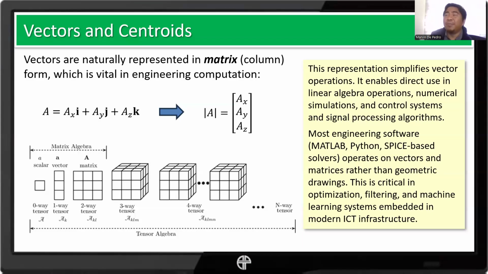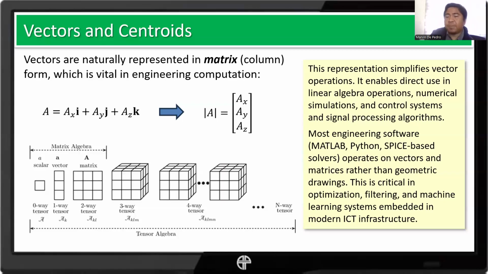Instead, the computer will scan the drawing, determine the vectors, and then convert the vectors into their matrix form so that it can perform the necessary calculations.